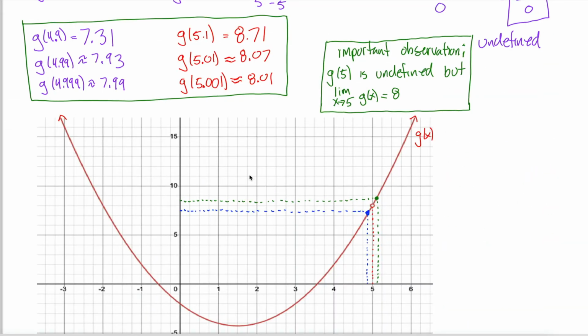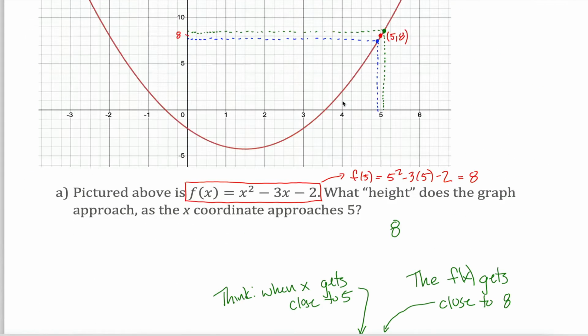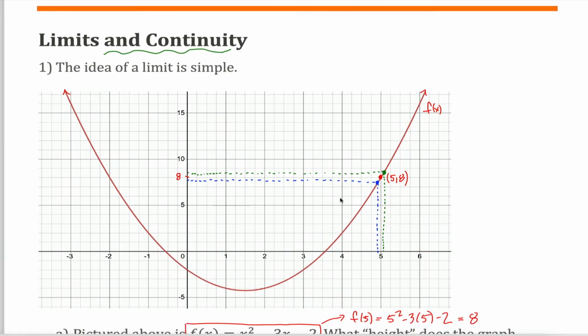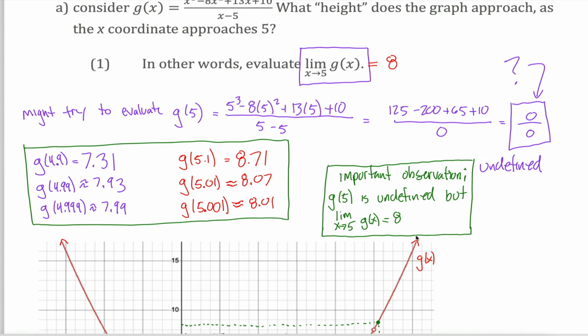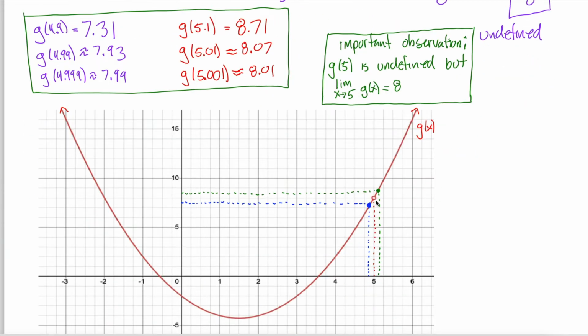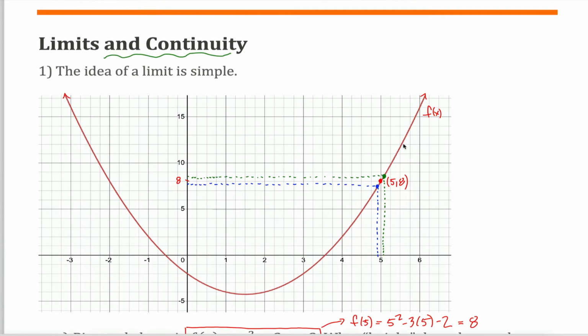Remember the first 2 graphs we looked at, g of x and f of x, in the very first video in this section? They were almost the same. They were identical except for this open circle. What we're going to learn in this video is how to take graphs like g of x and fill in the open circle to turn them into graphs like f of x. Why do we want to change g of x into f of x? Because f of x is continuous.